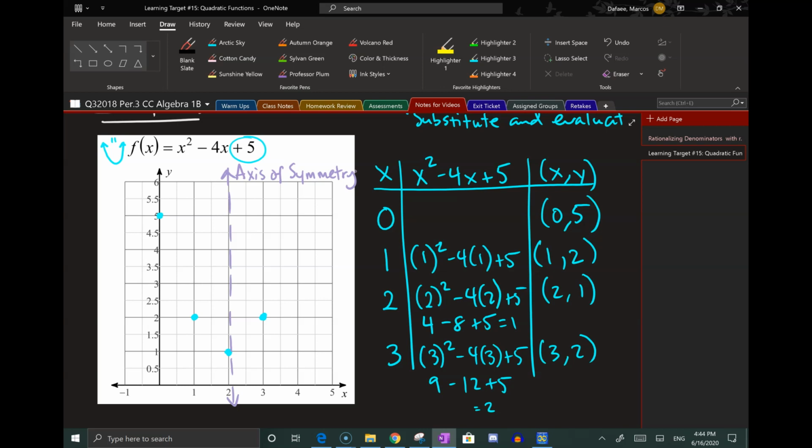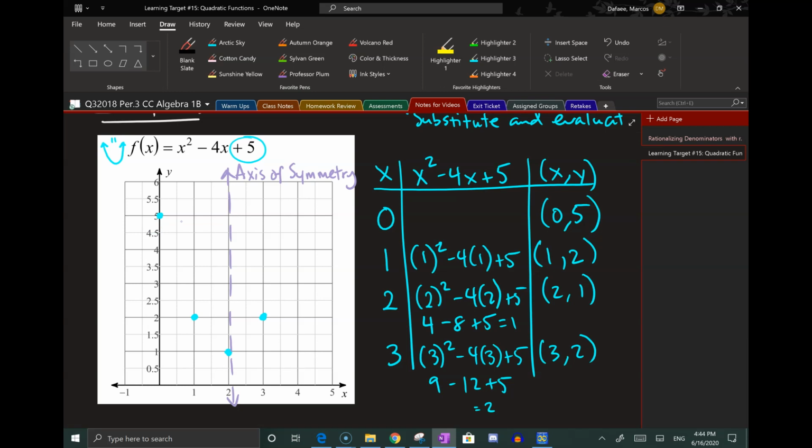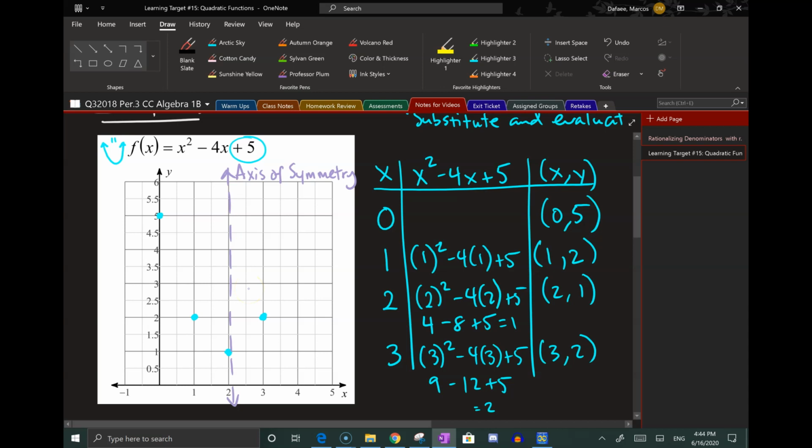So I now have 1, 2, 3, and 4. I have 4 points. And I need 5, as I said earlier, to make a good picture. So this is really coming along. To get that 5th point, all I have to do is use this axis of symmetry as a mirror. Okay, it's like a mirror.